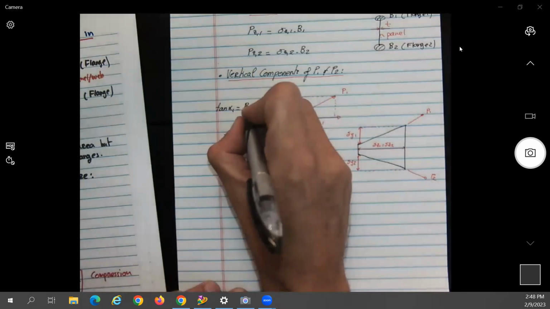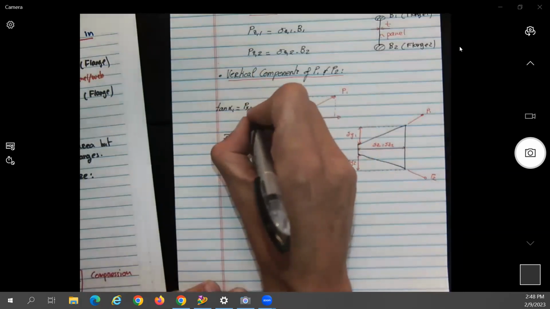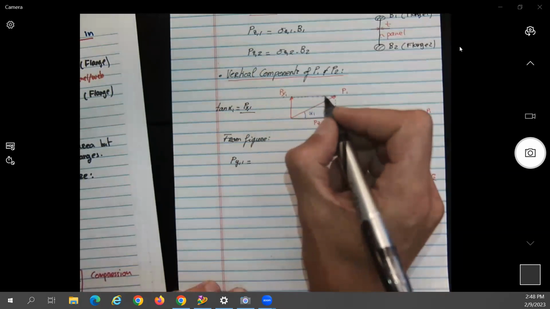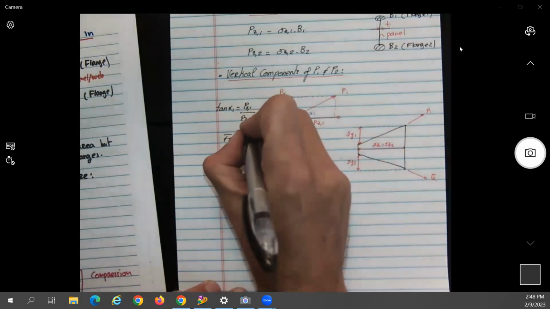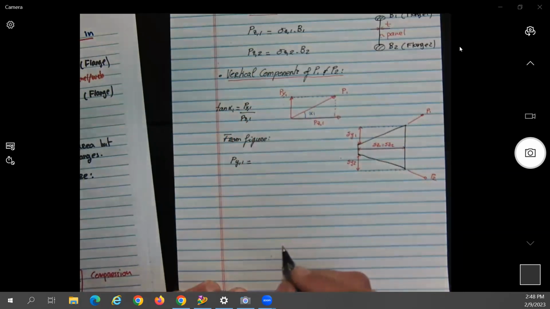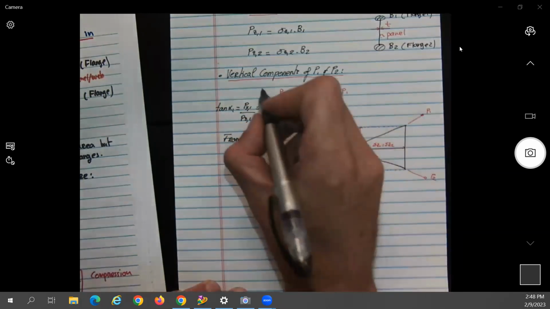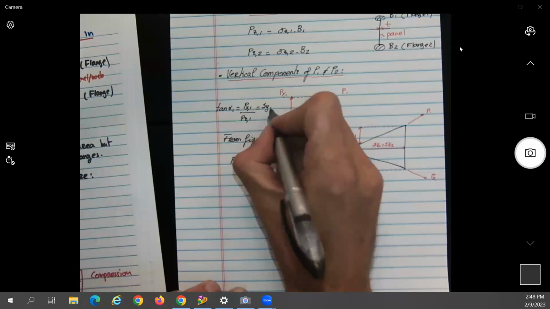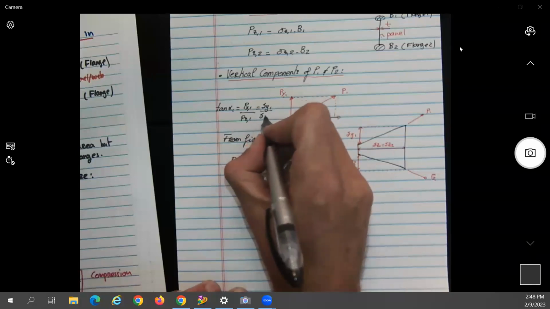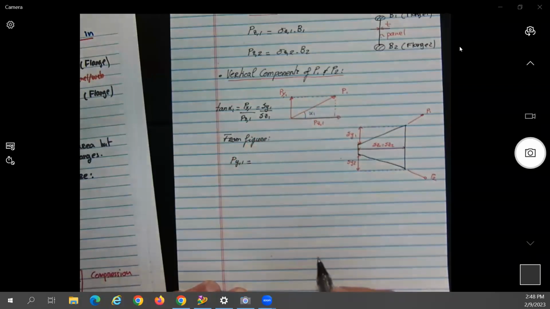Will be equal to PY1 over PZ1. But this will also be equal to, from this figure, delta y sub 1 divided by delta z sub 1.